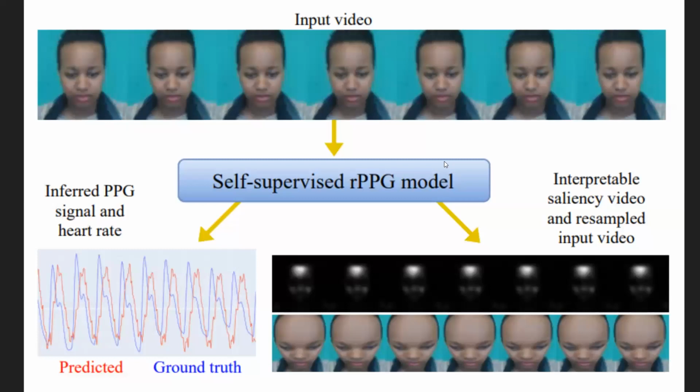So this image shows a real output of the model trained on the UBFC dataset. I'll go over this dataset more in a later section, but as we can see, from video of a person's face alone, the model learns to estimate the person's cardiac activity from the PPG signal, which is shown over here, as well as the saliency signal, which is shown here. So this shows where the subject's estimated activity is the strongest.